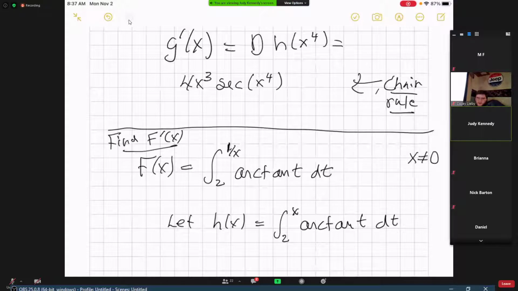Well, if I define h of x to be, instead of putting that fancy 1 over x at the top, just plain old x, what's h prime of x? It would be arctan of x. Yes. Good.